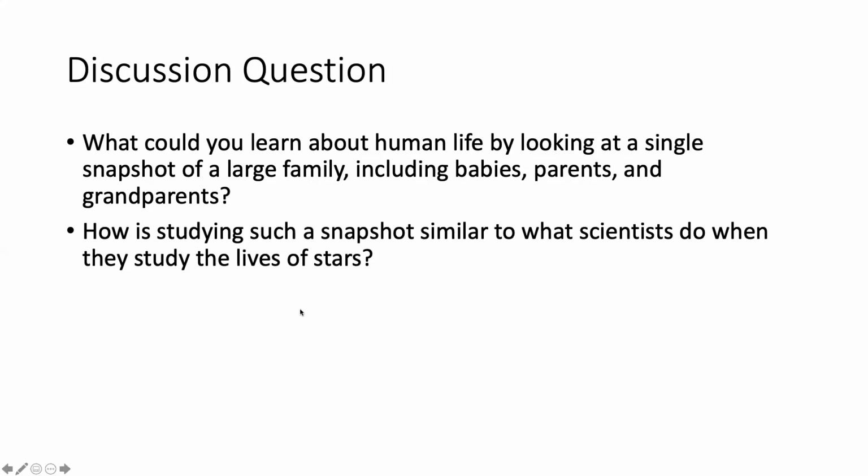So I'd reckon that there is probably a bit of a similarity here, right? Because when you look at a single picture, you're not really seeing much in terms of the aging of the family members. You're getting what they look like at a particular point in time.